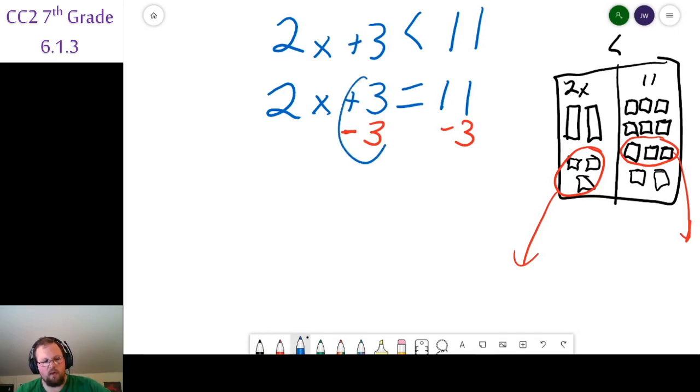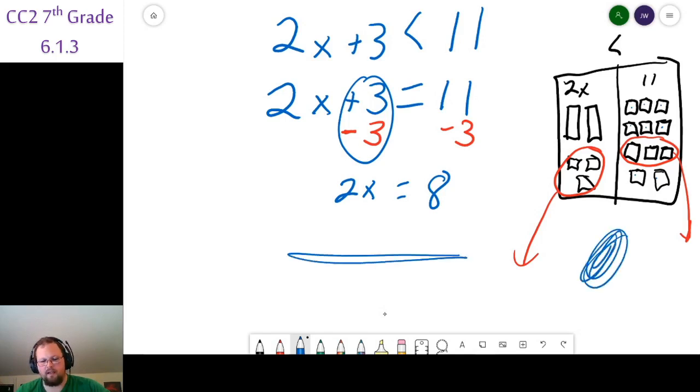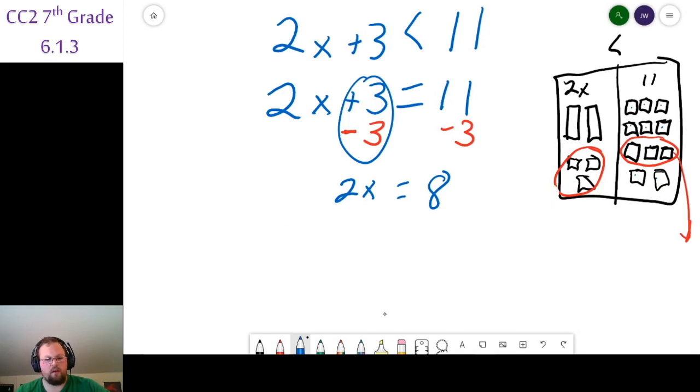Well, 3 and negative 3 zero out. I'm left with a 2x. And then what's left here is 1, 2, 3, 4, 5, 6, 7, 8. Well, why draw the tiles over here? Why draw tiles when this requires a lot less work? So just keep that in mind. There are easier ways to do these than with the tiles.